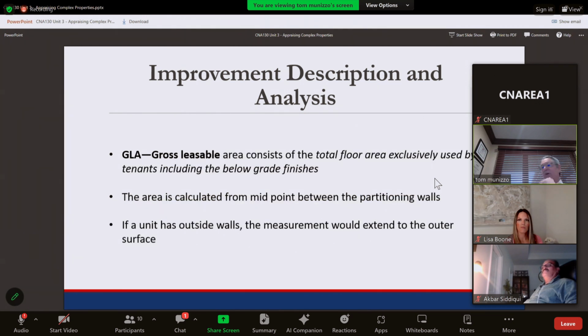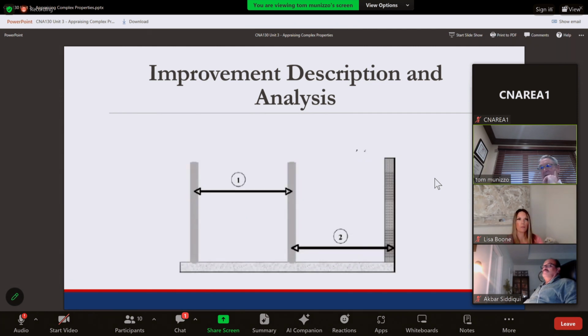Gross leasable area is the total floor area used by tenants, including the below grade, calculated from the midpoint between the partitioning walls, and if the unit has outside walls, the measurement would extend to the outer surface, as the illustration shows there, from inside to inside here.